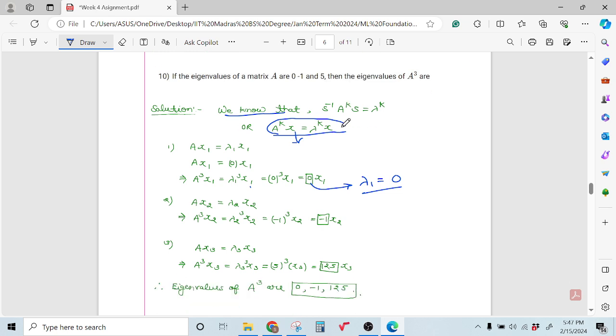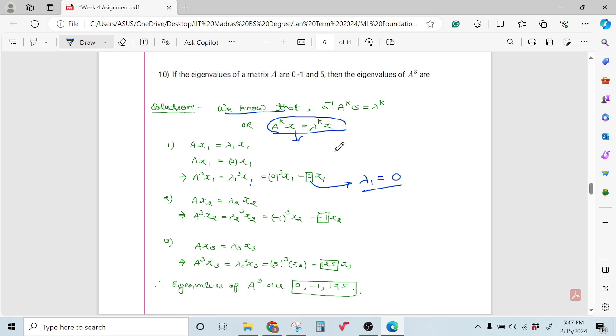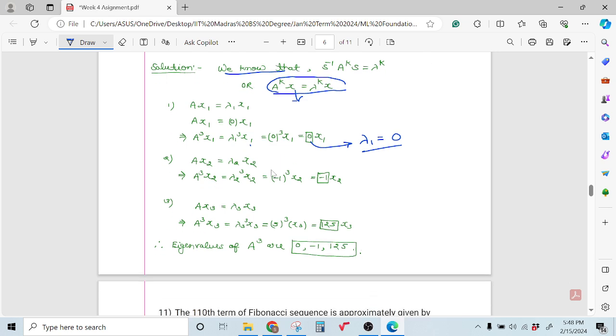Now we will again use this property for eigenvalue minus 1. A x2 is equal to lambda 2 x2, and A cube x2 is equal to lambda 2 to the power cube x2. We substitute the value of lambda 2 as minus 1, minus 1 to the power cube x2, which is minus 1 x2. So the second eigenvalue of A cube is minus 1.